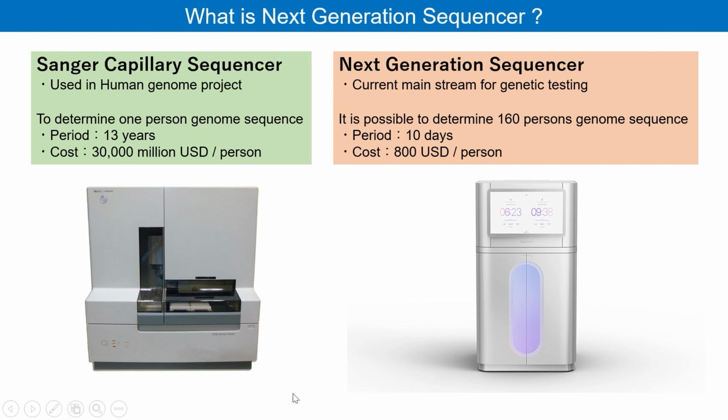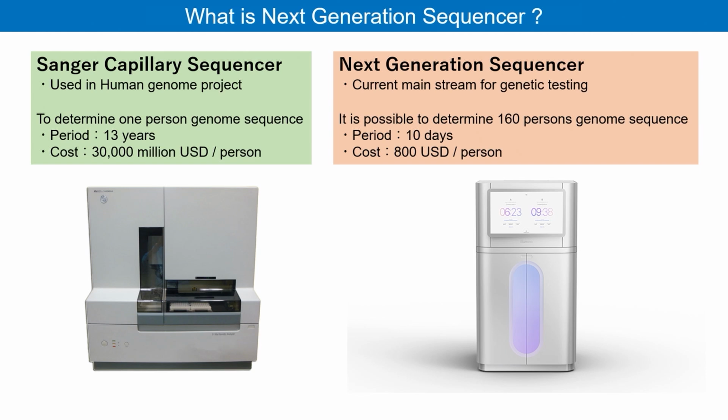This is a simple comparison of the Sanger sequencer and the next generation sequencer. The Sanger sequencer was used in the Human Genome Project, and to determine one person's genome sequence, it required 13 years and $30,000 million US.